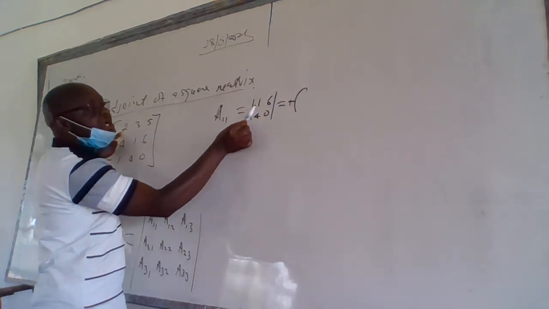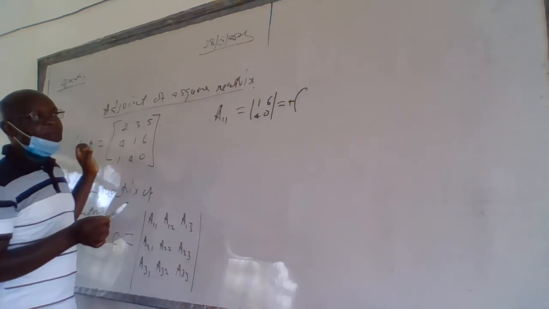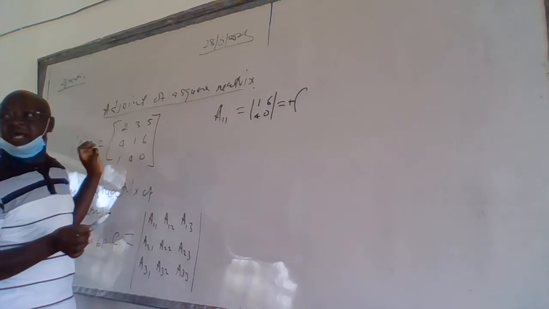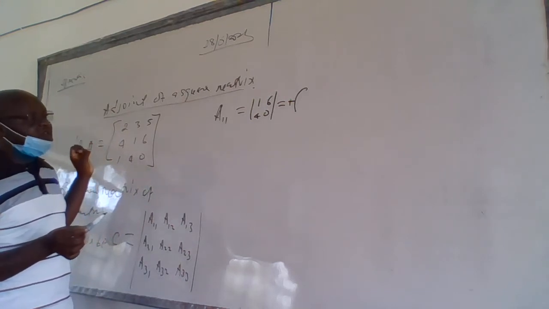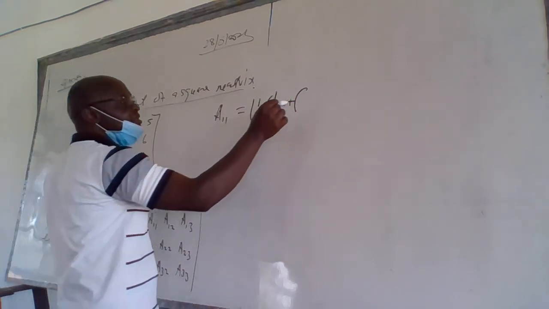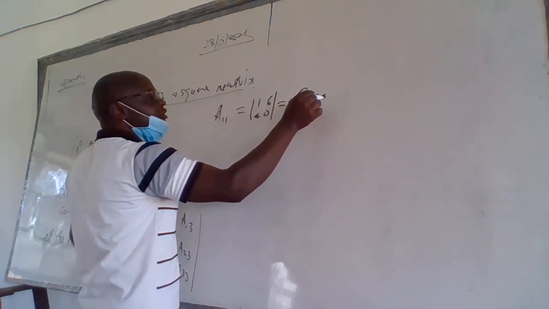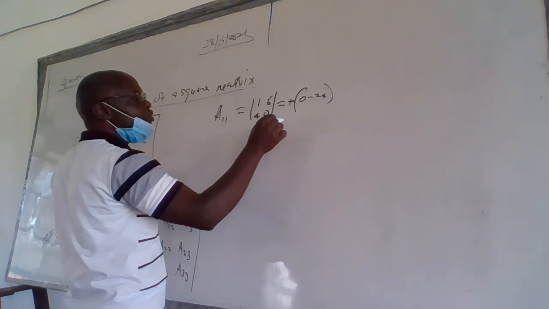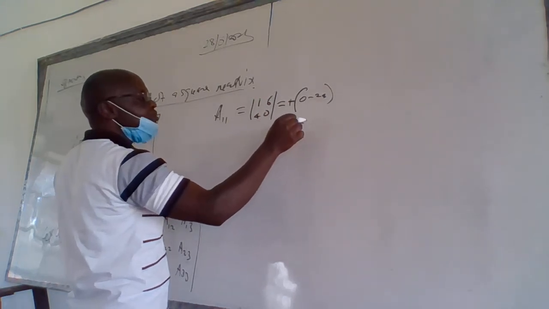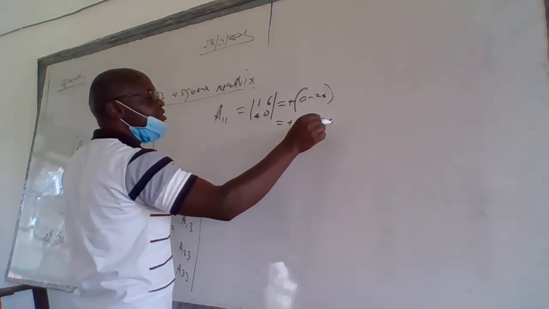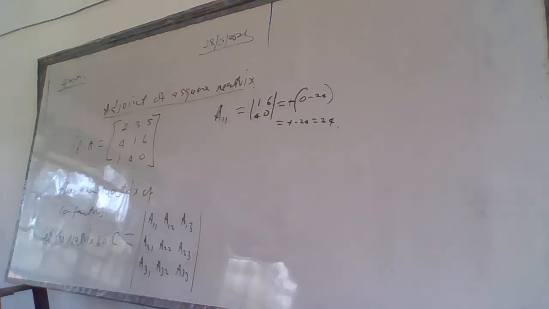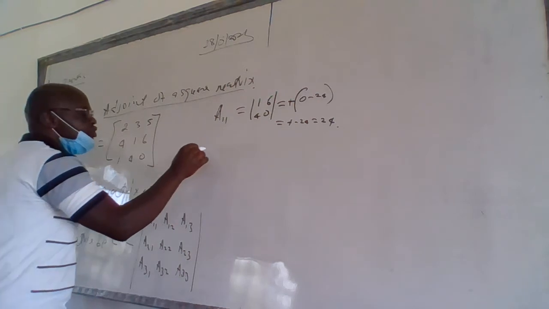So it will be 0 times 1 minus 4 times 6. So it's like 0 minus 24. So this equals plus minus 24, which equals minus 24. So we have A11.